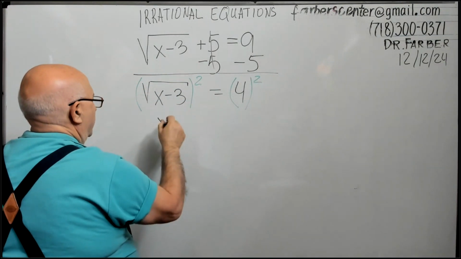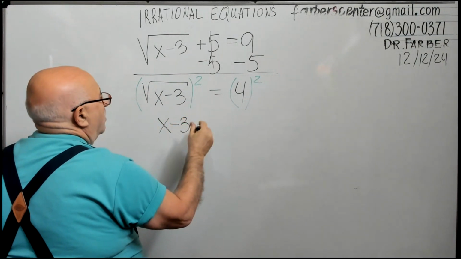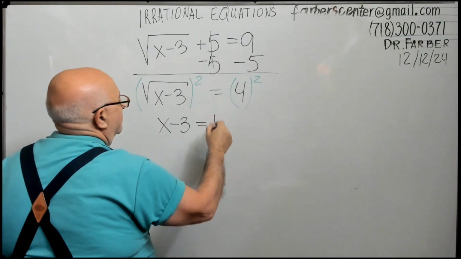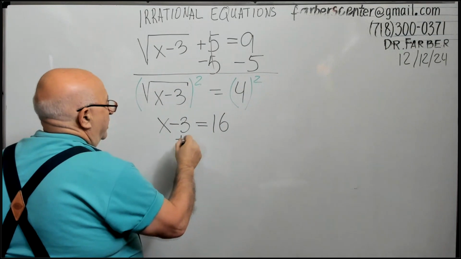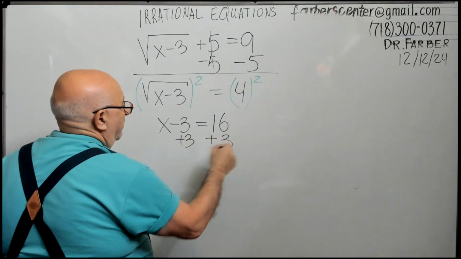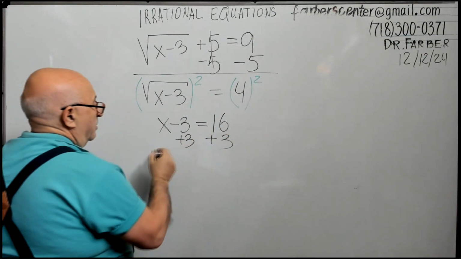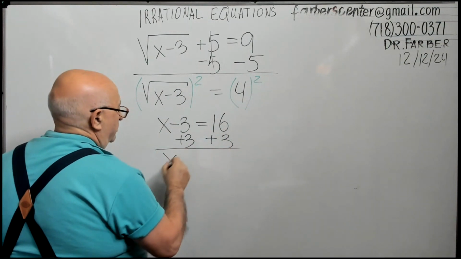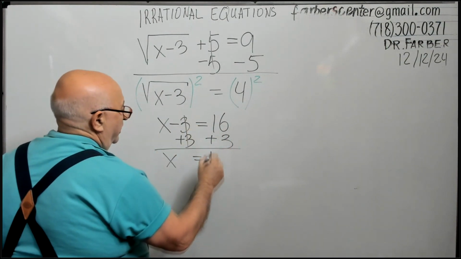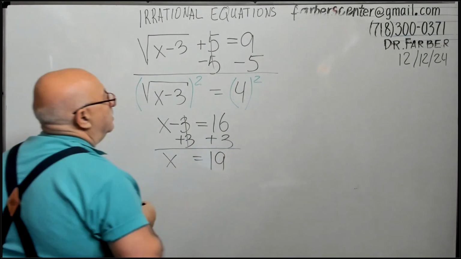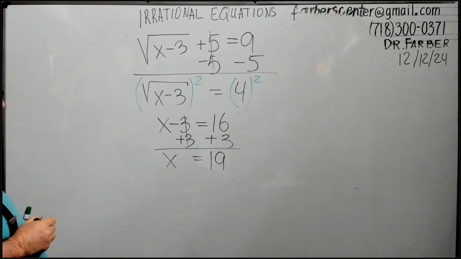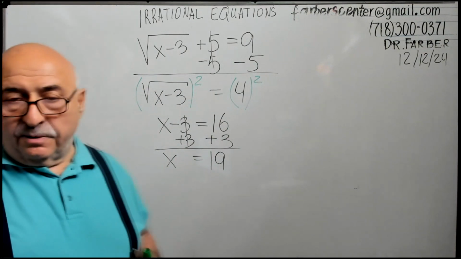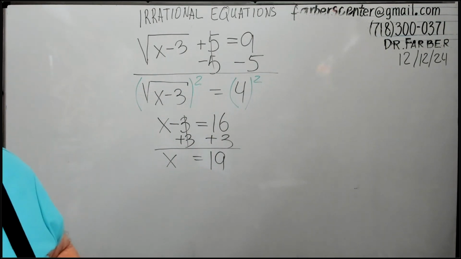I have x minus 3 equals 16. Plus 3 and plus 3. Now we have a linear equation. And you have x equals 19. Who understands this 100%? 100. It's not difficult.